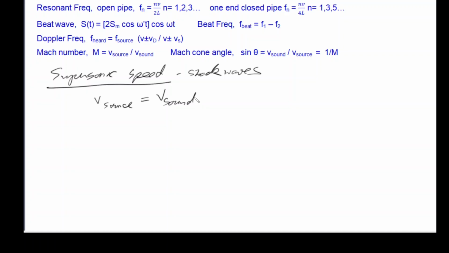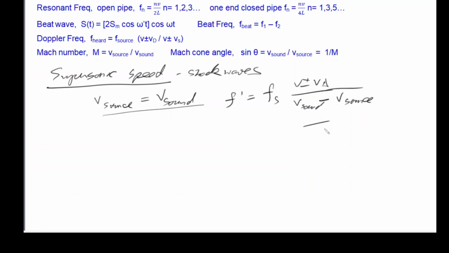Then you get f prime is equal to the frequency of the source times v plus or minus v sub d over v of the sound minus v of the source. And again, v of the source and v of the sound are equal in this example, so you get that over 0, which becomes infinity.